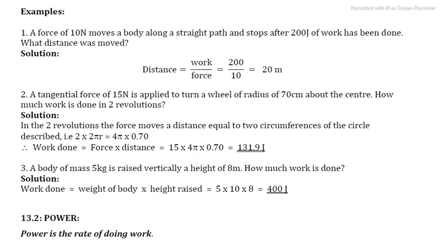So in this question, we are given the force, the radius of the wheel, and the number of revolutions that were made. So from the radius of the wheel and the number of revolutions, we shall get the distance moved.